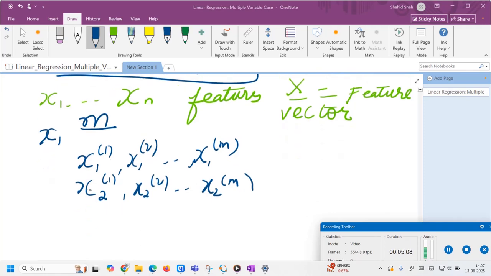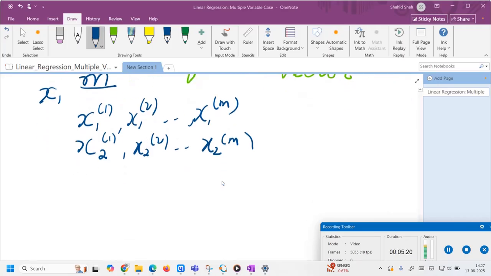Suppose x2 is the feature that is the grade in programming in C language, and you have the grade of m students here. So this is x21, x22, x23, x2m. Similarly we have xn, that is the CGPA. So here is the feature vector for that, I mean the training input x1n, x2n, and xnm.